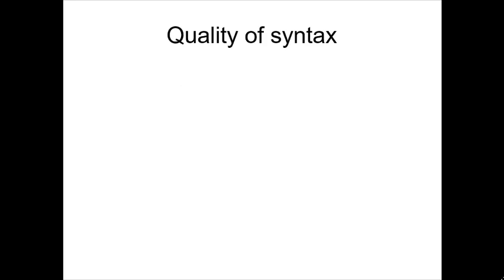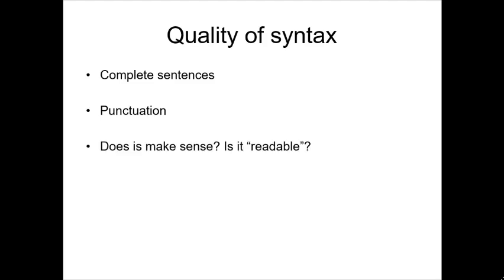So proofread it several times, and you will actually be able to catch some of these things that I'm talking about. One of the things you want to be careful about is whether it is a complete sentence. Proofreading will verify that. You want to make sure that you use the proper punctuation. I'll talk about commas here in a minute, but punctuation actually provides those inflections and nuances in sentences that make them more readable. You want your writing to make sense. It's readable, something readable.